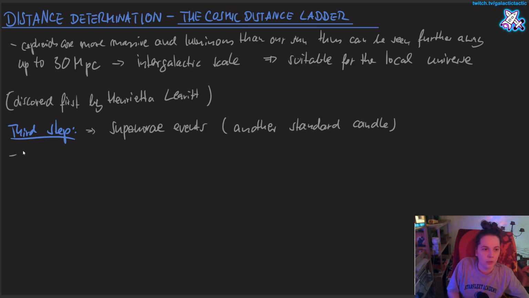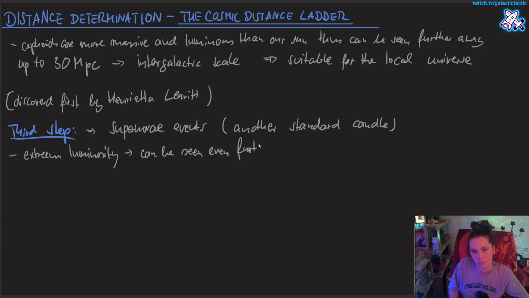What is good about supernovae? They have an extreme luminosity. They outshine the whole neighborhood, and so can be seen even further than Cepheids, up to 100 megaparsecs.